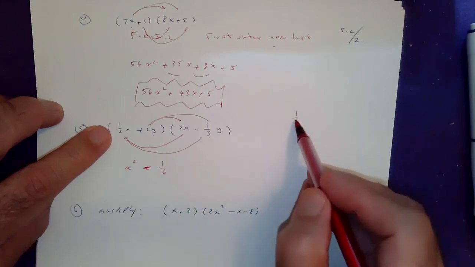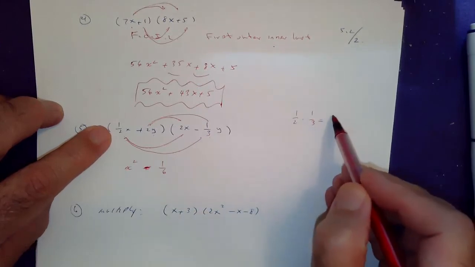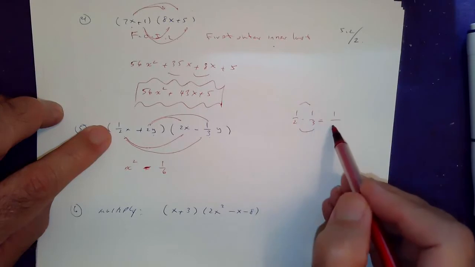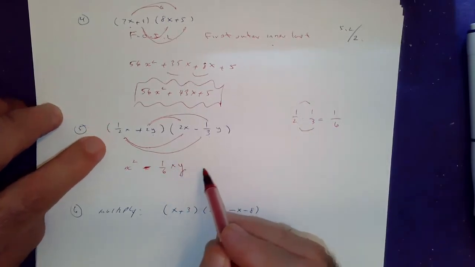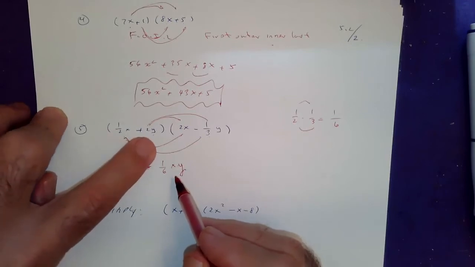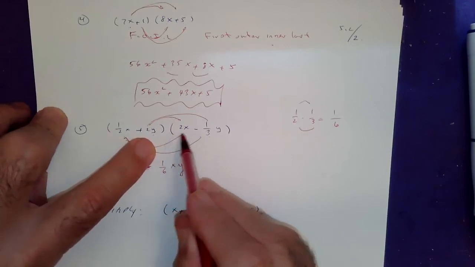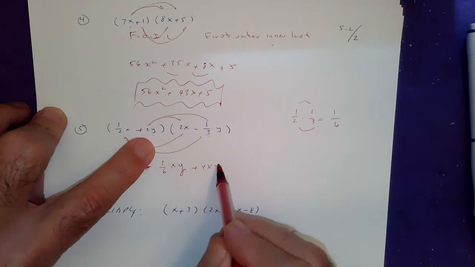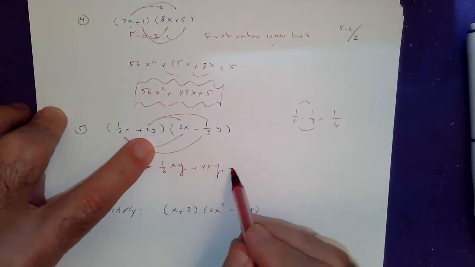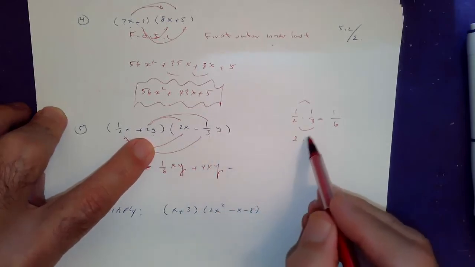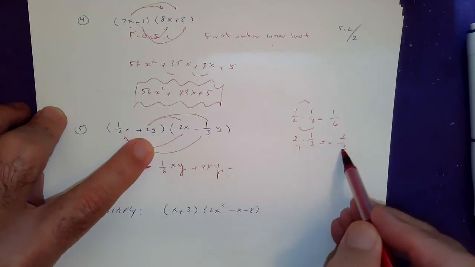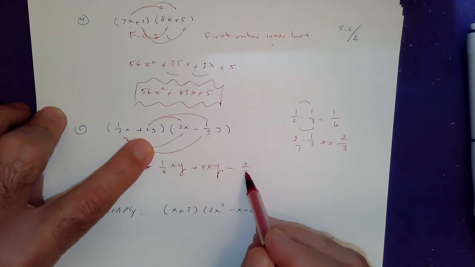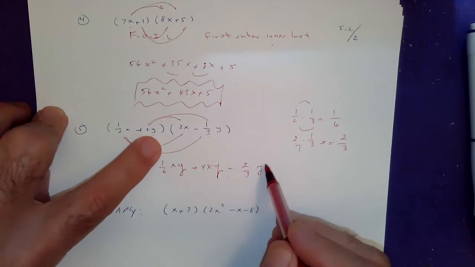You just multiply the tops and multiply the bottoms. There is no need for LCD. xy. So we're done with this guy. Now do the same thing for 2y. 2 times 2 is 4 xy, minus 2 times 1/3 is 2/3. So that will be 2/3 y times y is y squared.